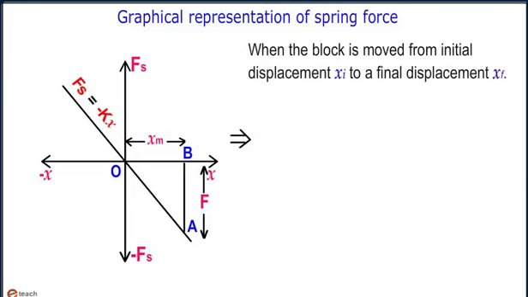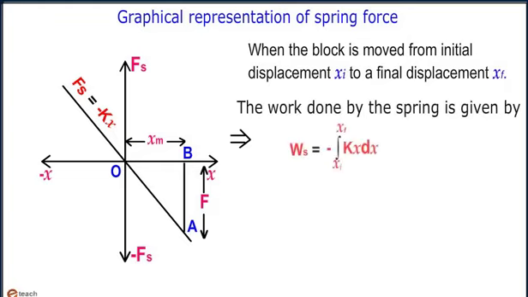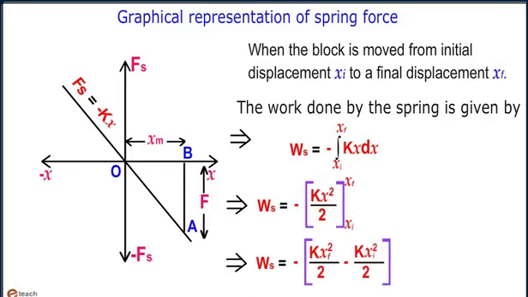When the block is moved from initial displacement xi to final displacement xf, the work done by spring force is given by Ws equals minus integration from xi to xf of kx dx. On integrating it, we get Ws equals minus half k xf square minus half k xi square.